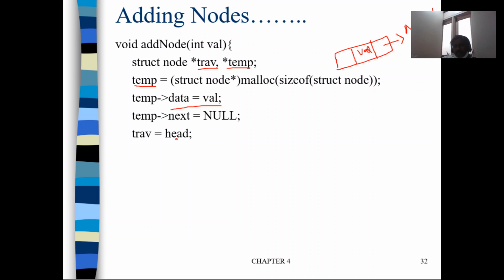Currently what is head? Let us assume this is the first node we are adding. If this is the first node, then head will be NULL, and traverse also will be NULL. So this statement will just make traverse equal to NULL, because head is NULL, because this is the first node you are adding. There are no other nodes in the linked list previously, so it is NULL, right?